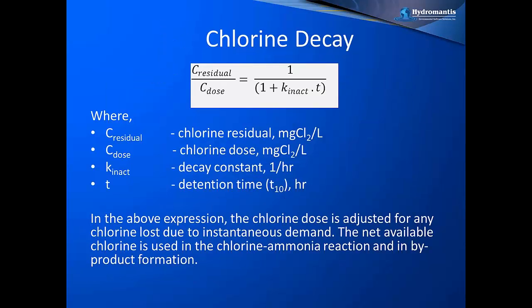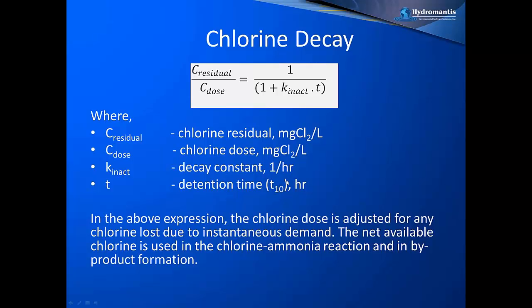So the next component of the chlorination model is the chlorine decay, and there are several published relationships available. Some studies suggest that it's a second order decay model, some studies suggest that it's a first order reaction rate equation.